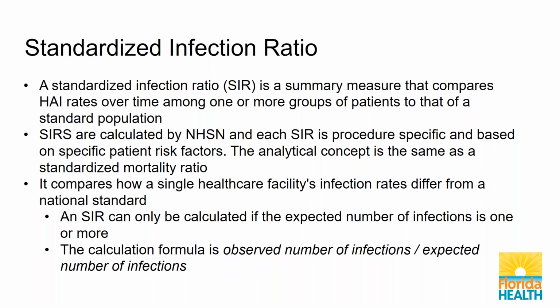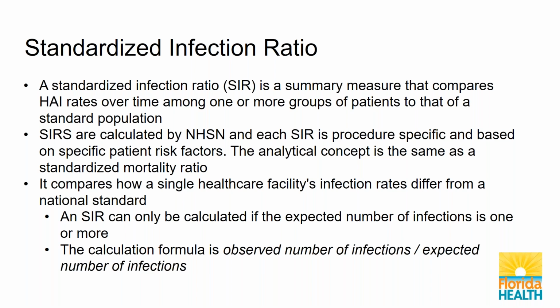So the standardized infection ratio. A standardized infection ratio is a summary measure that compares HAI rates over time among one or more groups of patients to that of a standard population. SIRs are calculated by NHSN, and each SIR is procedure specific and based on specific patient risk factors. The analytical concept is the same as standardized mortality ratio.